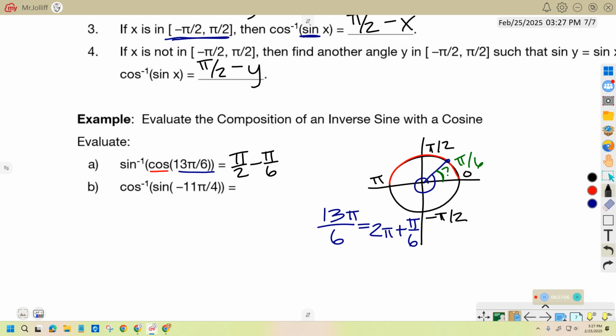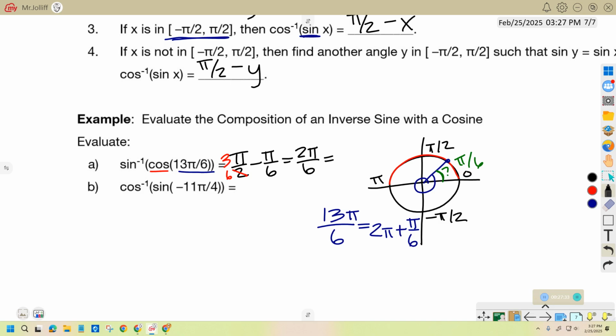Okay, fraction math. If you could do it the traditional way, I know if I want to add or subtract fractions, they have to have the same denominator. I want to turn 2 into 6. What do I multiply by? 2 times what is 6? 3. Very good. Top and bottom by 3. That'll make this a 6. 3 pi minus 1 pi is 2 pi over 6. I should not leave it like that.